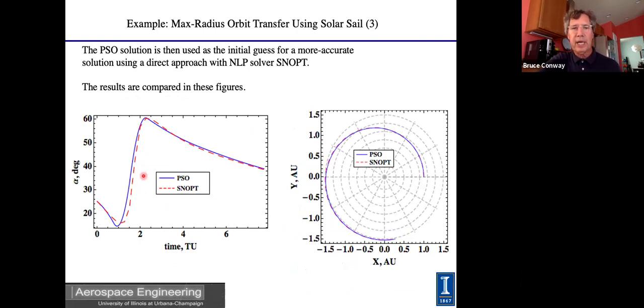We then used that as an initial guess for a direct transcription method, as I described earlier. And that's the dotted line. You can see they're almost on top of each other. It did a really, really good job of finding a solution. So it used just a handful of parameters, about 8, whereas the direct transcription solution needed thousands. And this is also faster.